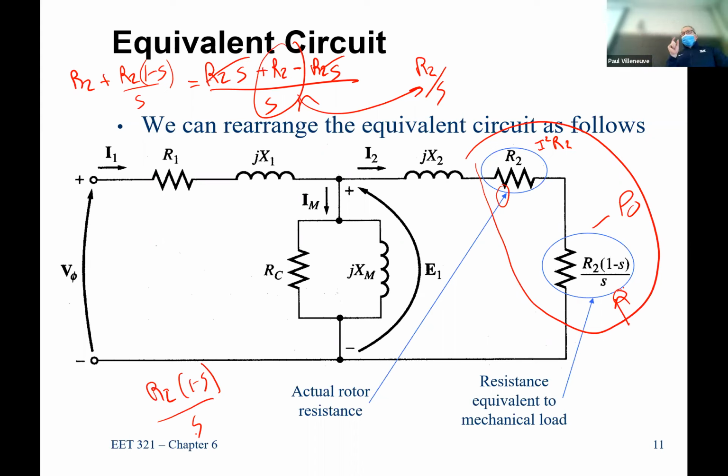If there's no difference in speed, there's no induced voltage or current in the winding. So current's 0, which makes perfect sense, because if this is infinity, how much current is flowing through here? Not a stitch. So that checks out from the perspective of it running at synchronous speed. At synchronous speed, there's no current flow. The resistor is infinite, which means there's no current flow, which is what we expect.